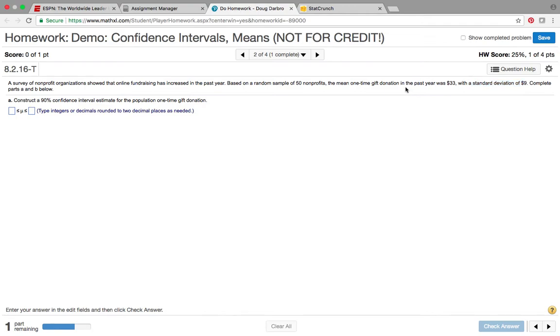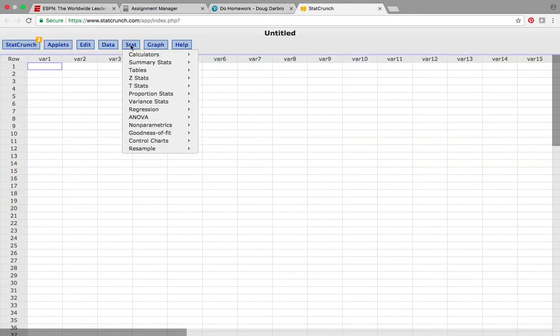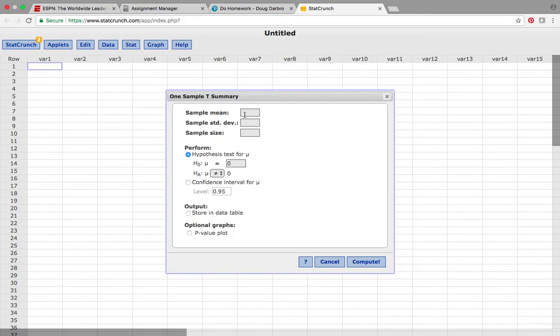So guys, this tells me that we're going to use a t-distribution, and we want a 90% interval. We'll start writing this stuff down so when I get over there, I can make it happen. So guys, go to t-stat, 1 sample with summary. The sample mean was 33. The sample standard deviation was 9.